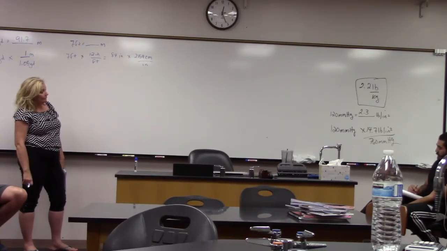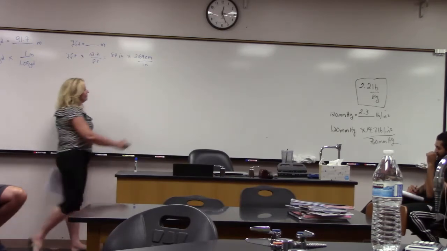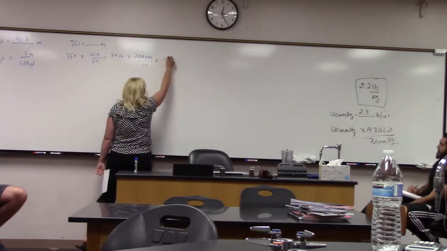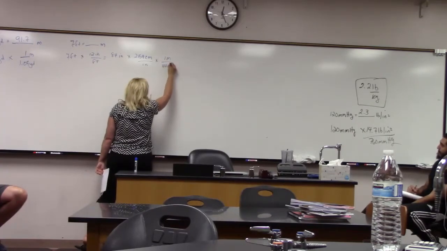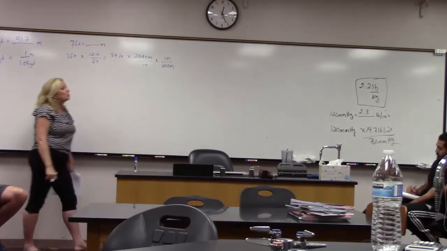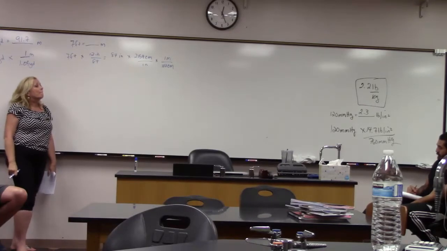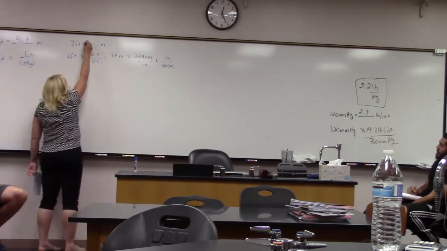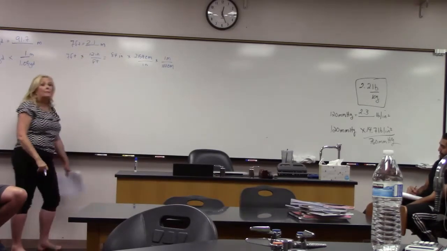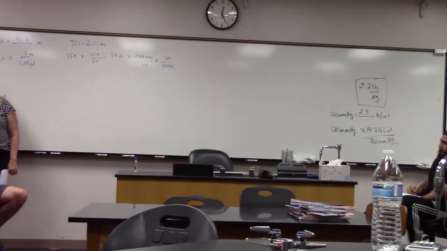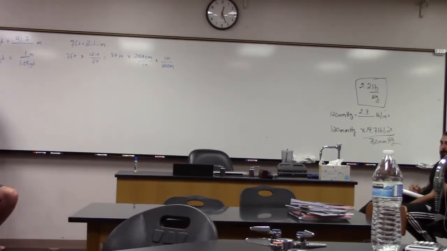I just did 100 centimeters, or 1 meter over 100 centimeters. Okay, that works. And what was your answer? 2.1336 meters. Anybody do it differently? Yes, how'd you do it?